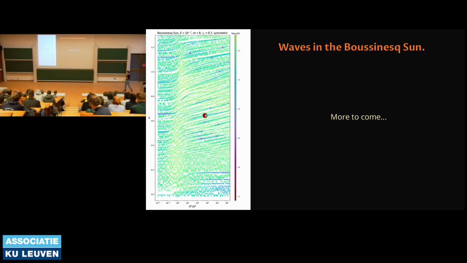we might still say some things. So on the x-axis I have the Brunt-Väisälä frequency, and on the y-axis the frequencies. And in this case, I'm not looking just at the radiative interior, but at the radiative interior with a convective envelope, but still a Boussinesq sun.